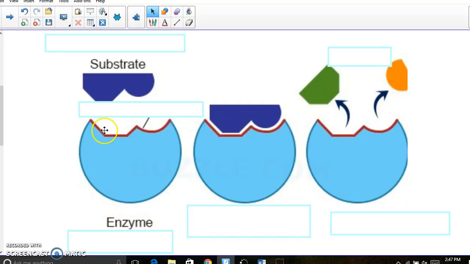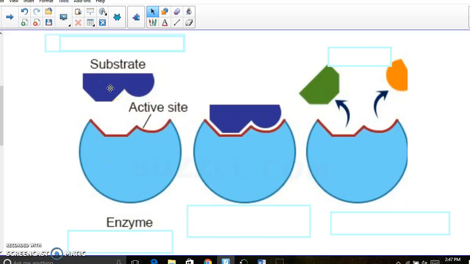And the spot that that substrate fits perfectly into, like the lock and the key, this we call the active site. So there's a spot on the enzyme made specifically for that substrate, and only that substrate will fit, and if either one of these have the wrong shape, it won't work.